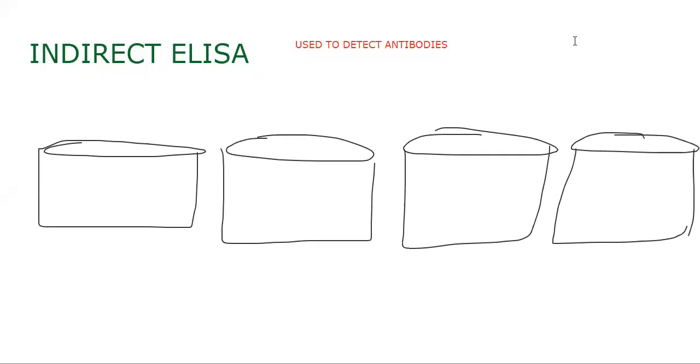So that is what I am showing here. This is the antigen, which is attached to the microtiter plate, because I am going to detect antibodies. That's why I made the antigens attach to the microtiter plate well.